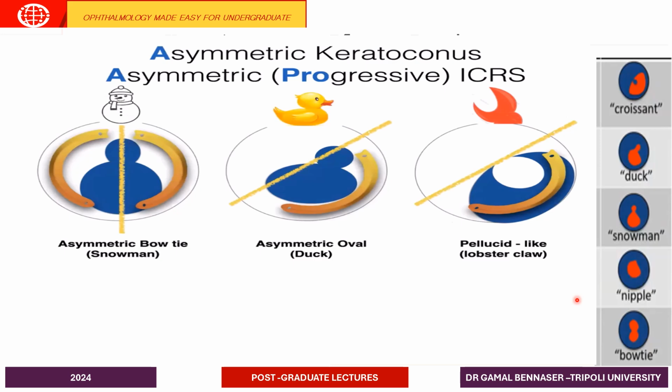Now, for the progressive or the asymmetric cones, preferably we use the progressive intracorneal rings. What are the types of the asymmetric cone? The snowman type, the duck type, and the pellucid-like. In these cases, as you can see, we have progressive segments that have different thickness from the beginning to the end, or bilateral thickness, that is the thickness in the beginning and the end is the same, but in the middle it is high.